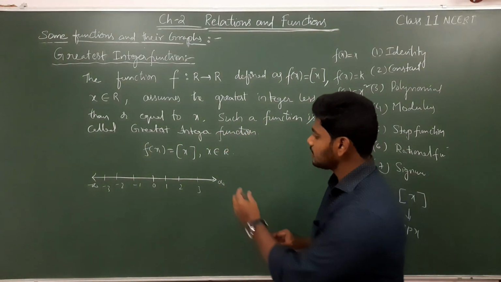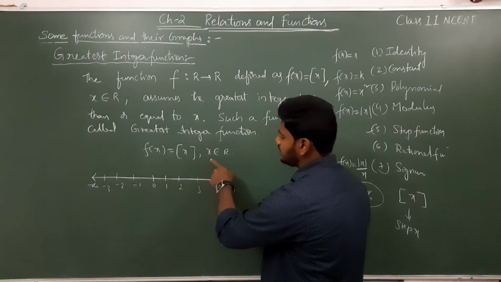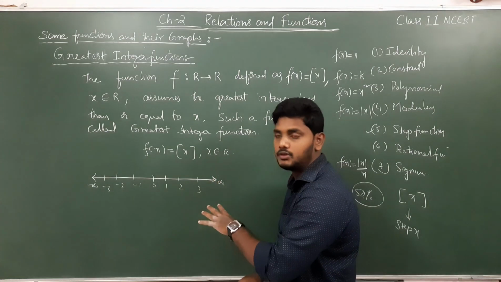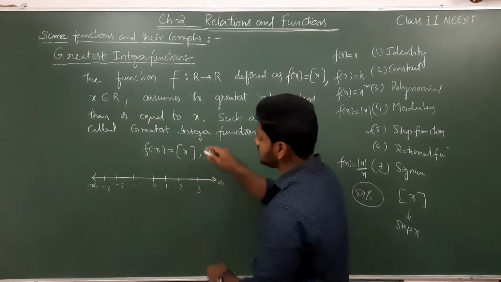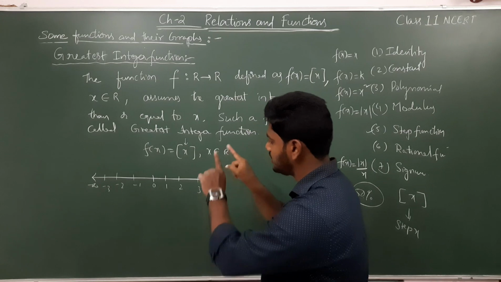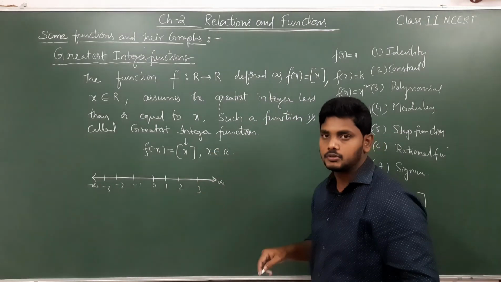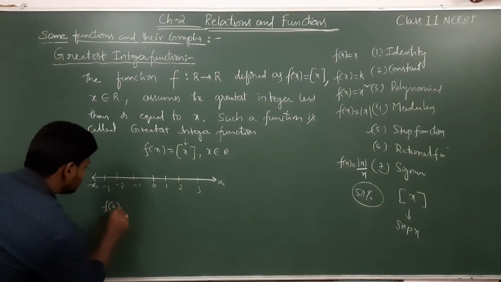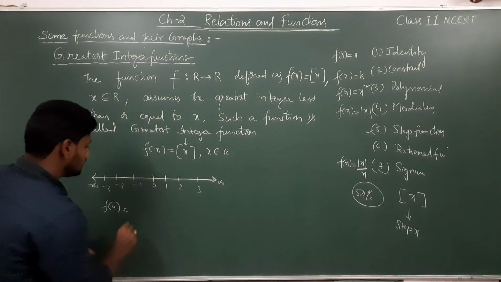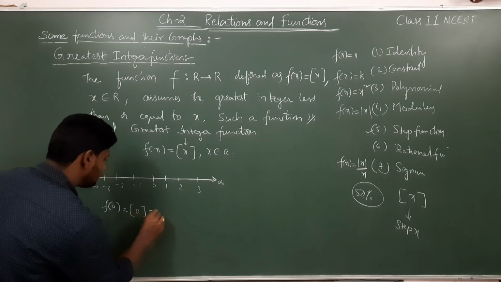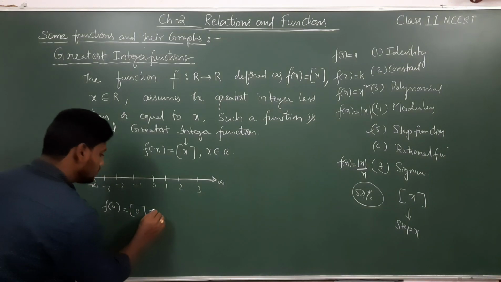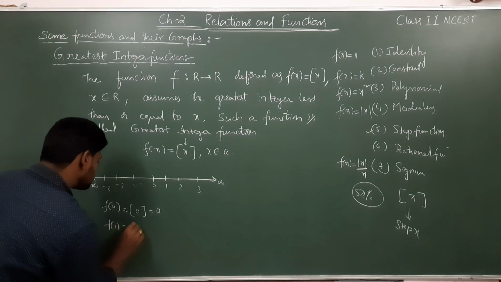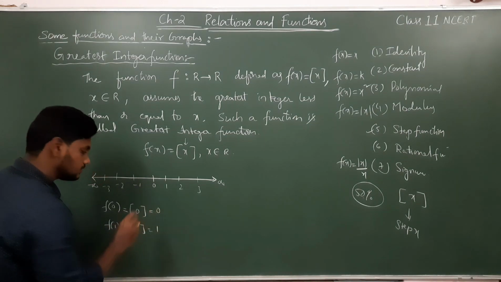Now, these x values, x belongs to R, are input values. After substituting these input values in this step function, inside the closed brackets, what output will it give? Now we will discuss. I will consider f of 0, nothing but step 0. That step 0 is 0. Remember, step 0 is 0. F of 1, step 1 is equal to 1.